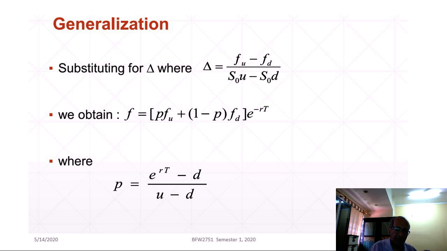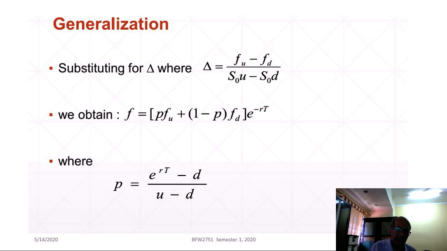So here we bring in the probability of the up function plus the probability of the down function, which is usually 1 minus p, and discount it, exponential to the power of minus RT. So basically you can rearrange that. This is how you can calculate the probability.